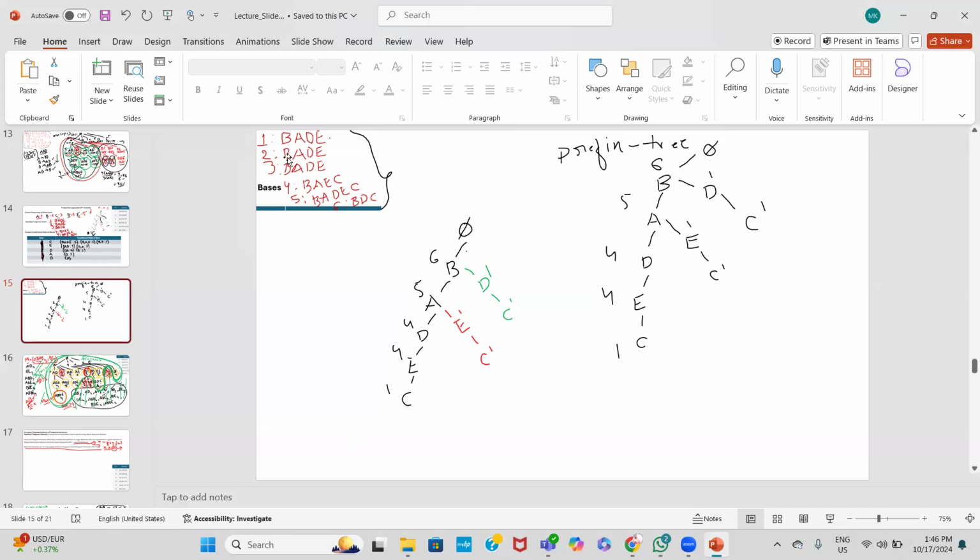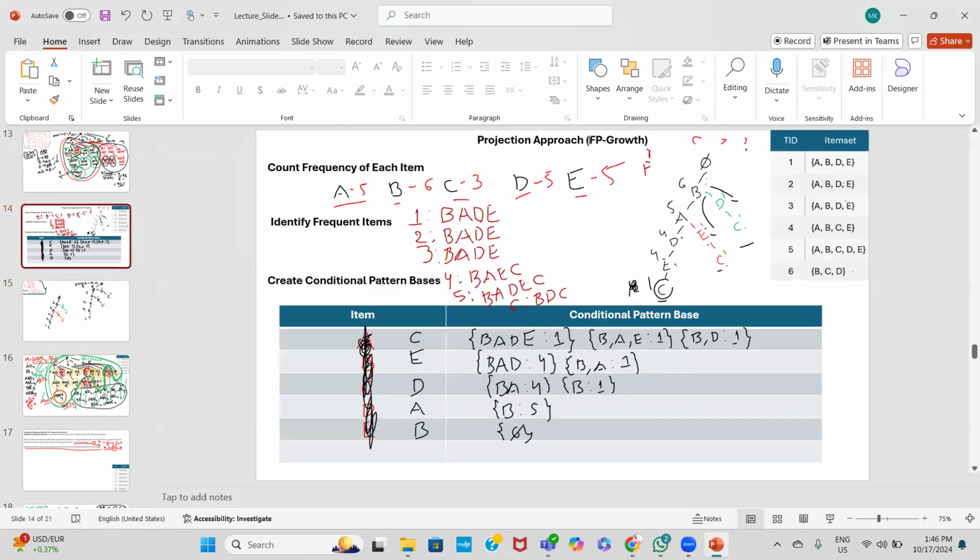Just to revise, we constructed this FP tree, I mean the prefix tree, using this sorted transactional data set. In FP growth, the first step, when you have got the transactional data set, is to count the frequencies of each item in the data.